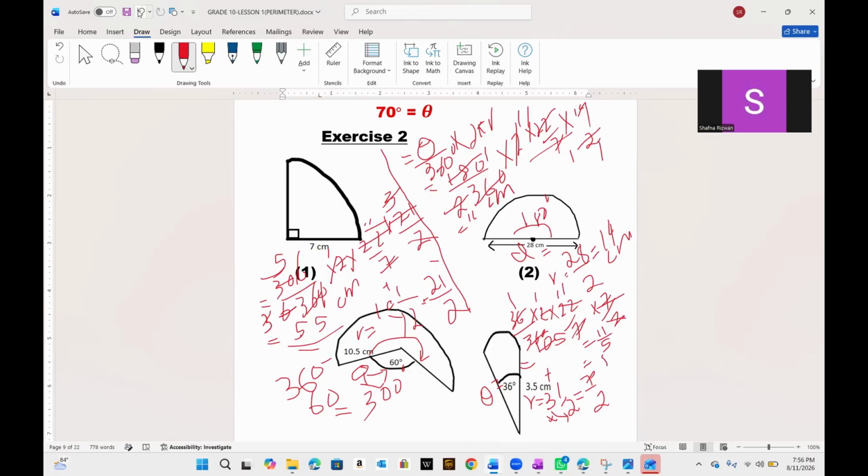Okay. So you will get around 5.5 centimeter. Don't forget it. Okay, that's it. Now you all do it. Okay, I'll give some time.